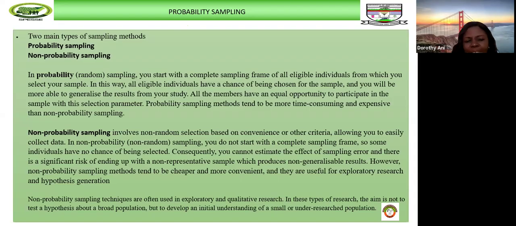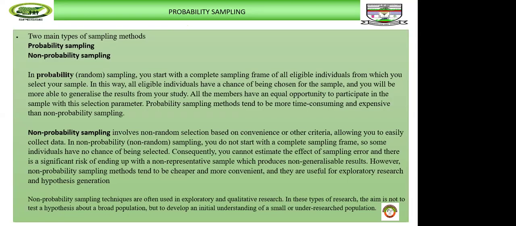So non-probability sampling involves non-random selection based on convenience or other criteria, allowing you to easily collect data. So this one, it's not everybody that has equal opportunity of being selected. So in non-probability or non-random sampling, you do not start with a complete sampling frame.